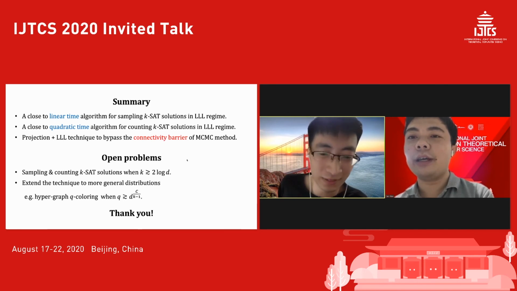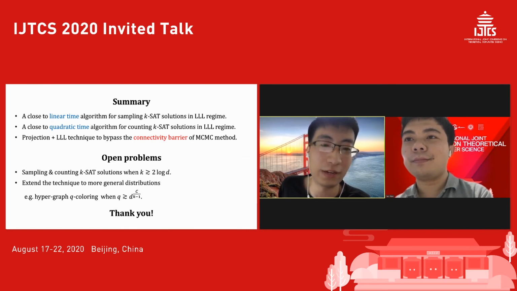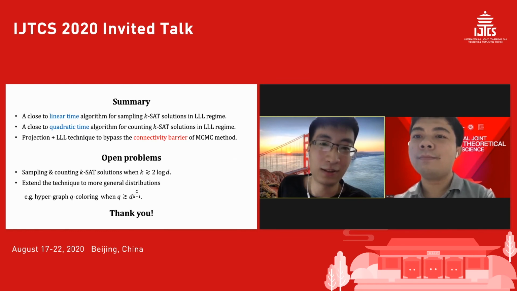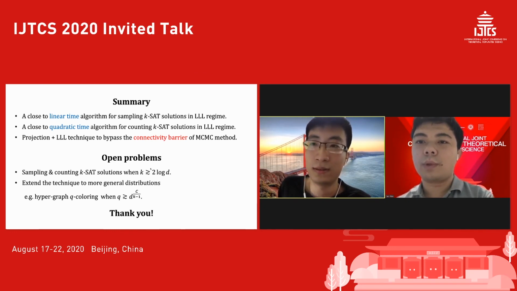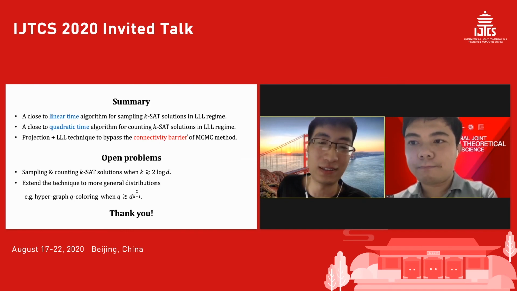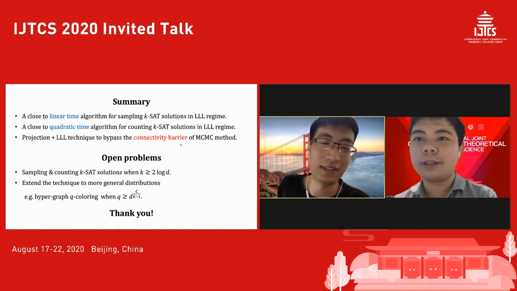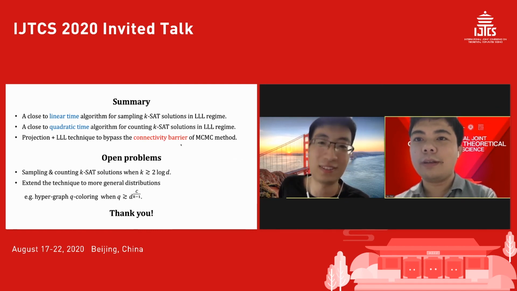And for the deterministic approach, the dependency on epsilon is very bad. It is roughly 1 over epsilon to the poly decay. To obtain an FPTAS, we only require that our algorithm is polynomially dependent on 1 over epsilon. Actually, in our running time, the dependency on epsilon is 1 over epsilon to the zeta, and zeta is a very, very small constant.